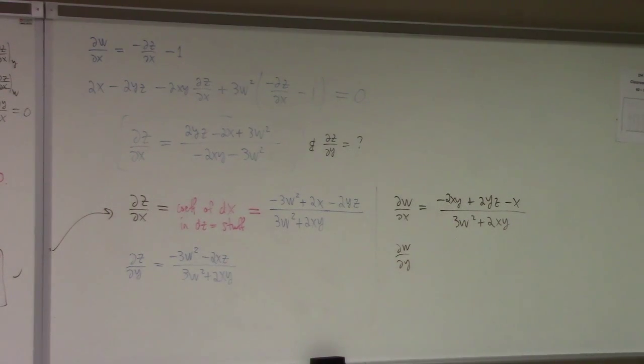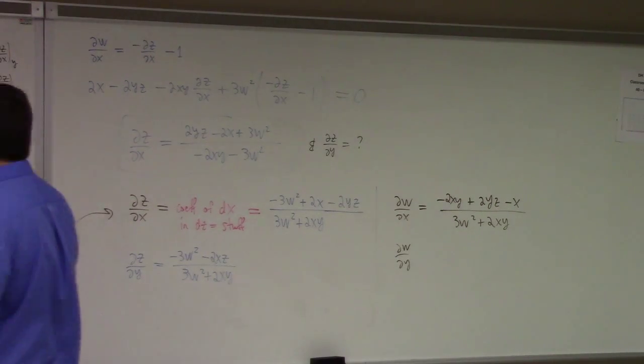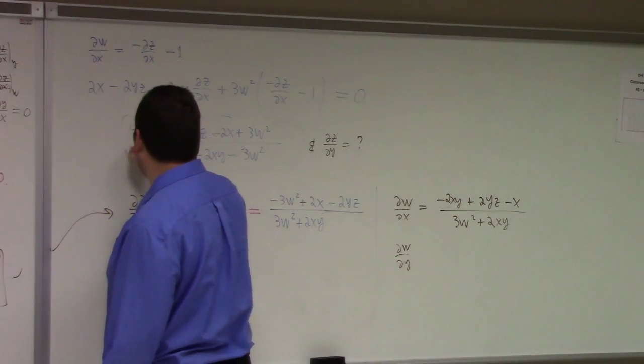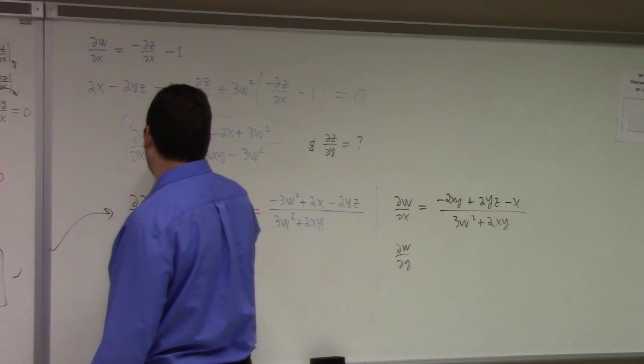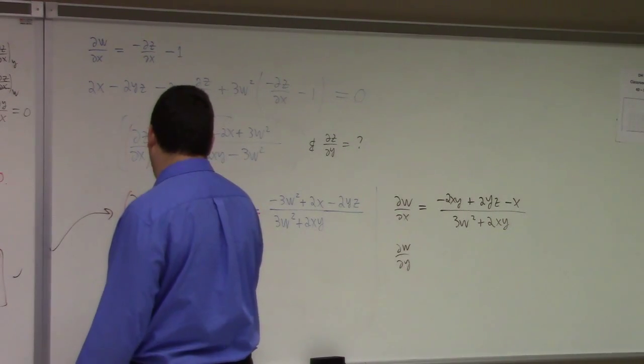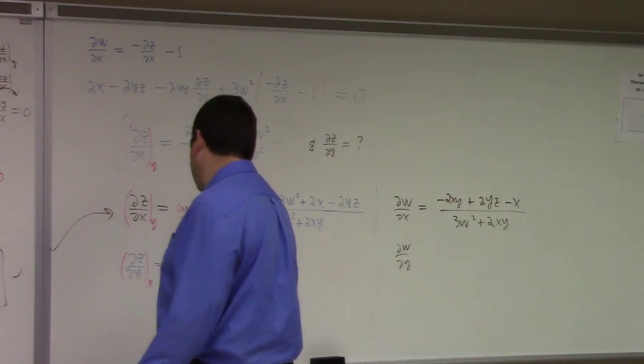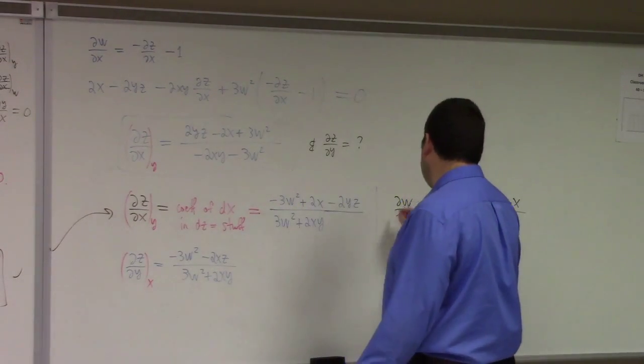Now, I don't think I've completely made my point clear here. This is good, but I don't really approve of the notation I have on the board right now. I really think it's better to write this like that, right?